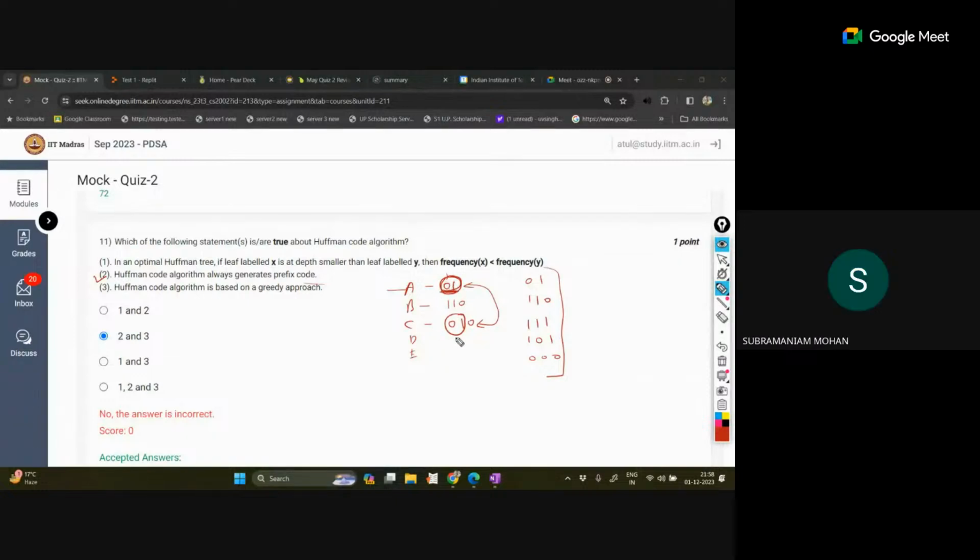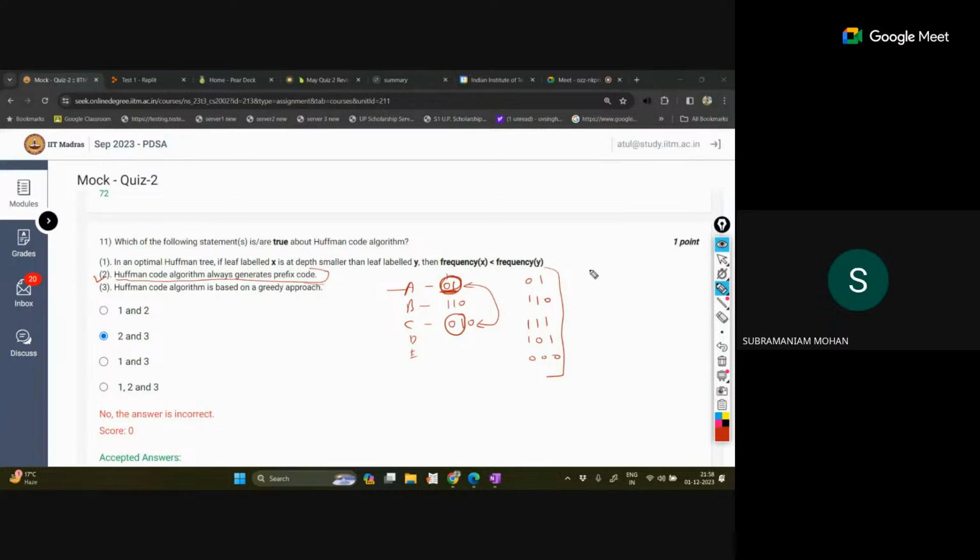What is the statement given in the question? This is the statement: Huffman code always generates the prefix code, it should generate the unique prefix code. According to the definition, this term is given in the property, but the meaning is what I just mentioned. Read that statement in the light of the examples you have given.